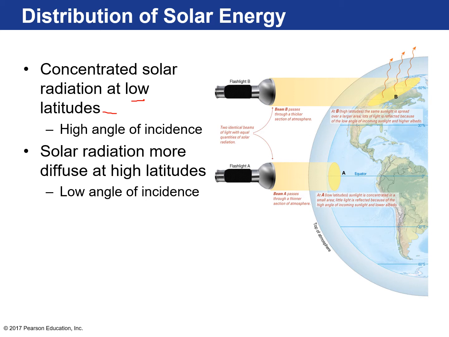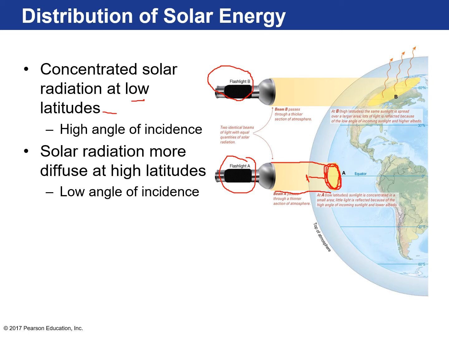The best way to show this is if you have two flashlights. Here's flashlight B and flashlight A, and it's sending its beam of light towards the Earth right around the equator. If you notice, beam A passes through this distance of atmosphere and then strikes the Earth directly and leaves an oval of illumination, a very tight, small area.